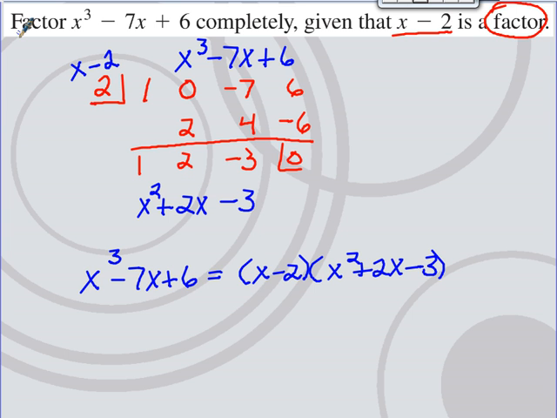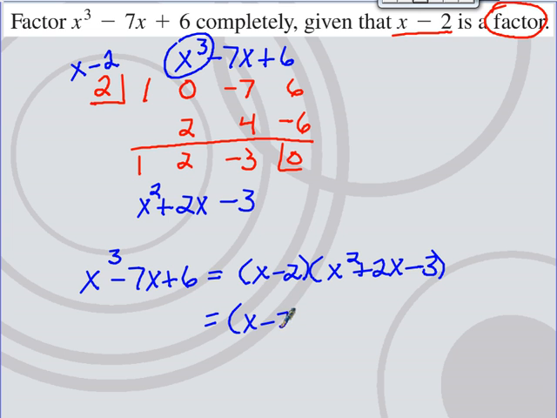So let's factor completely. I just went from x to the third stuff to x minus 2 times x squared stuff. I broke it down, first step. But I told you, if at all possible, try to break it down into a line times a line times a line. X to the third stuff should be 3 lines. See if we can go further.